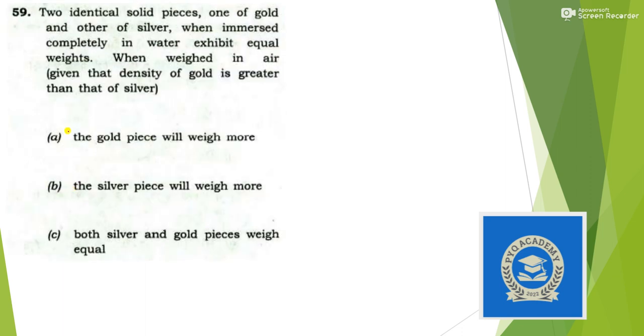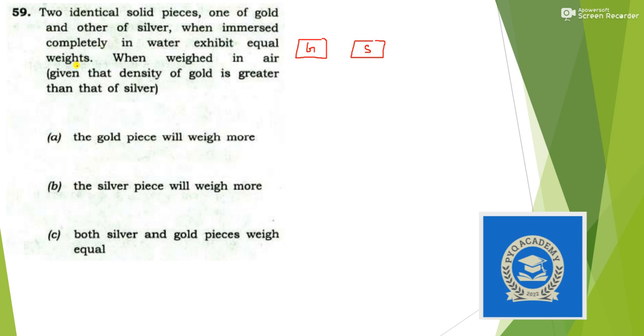Next question: two identical solid pieces, one of gold and another of silver. Let's take one rectangular gold piece and another rectangular silver piece of the same size.